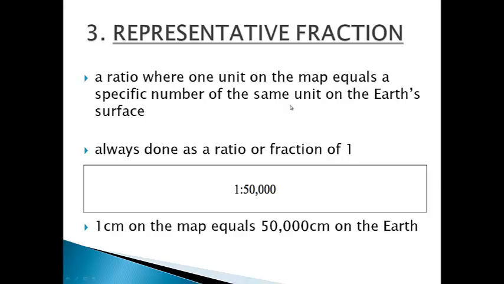So it's always done as a ratio or as a fraction of 1. Always. 1 to 50,000 is what this ratio is saying. So 1 centimeter on our map equals 50,000 centimeters on the Earth.